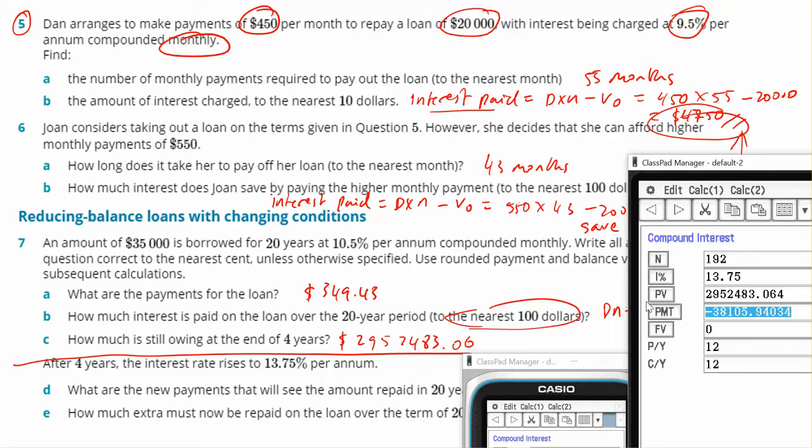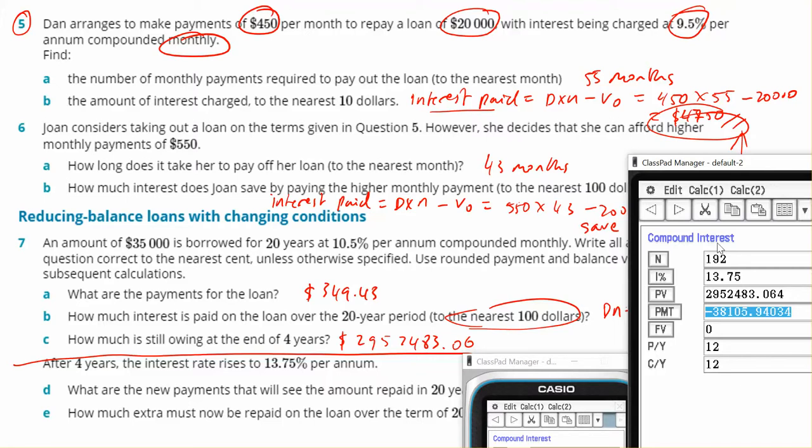Hang on, let me double check. 13.75. How much is owing after 4 years? Okay, something's wrong, because the original value doesn't make sense.